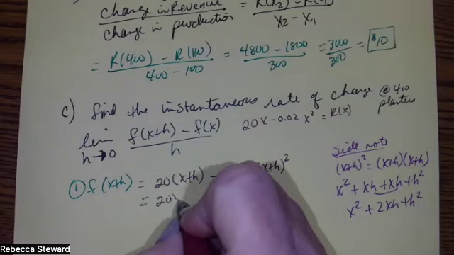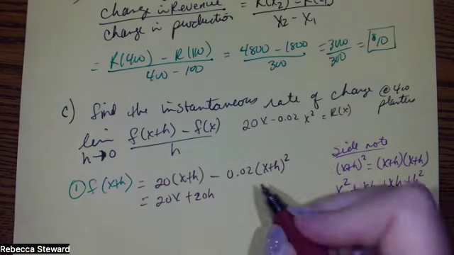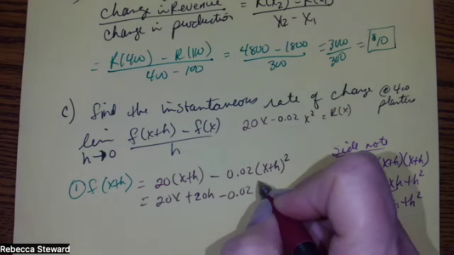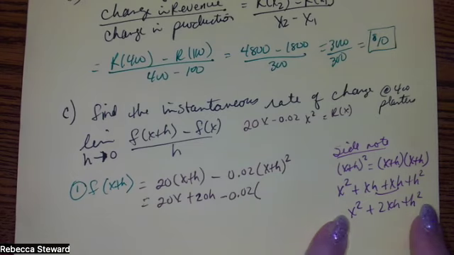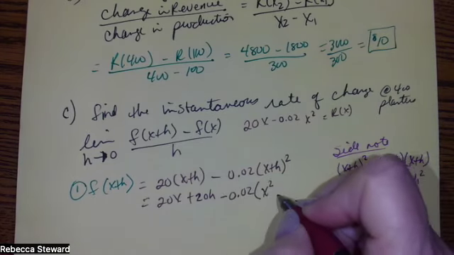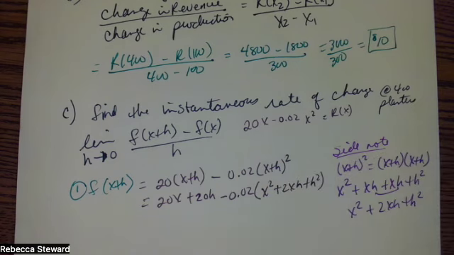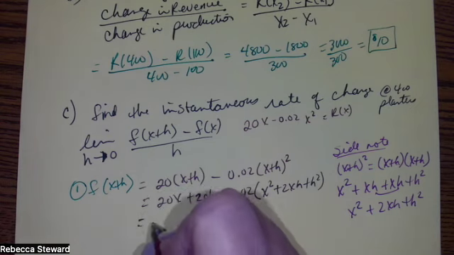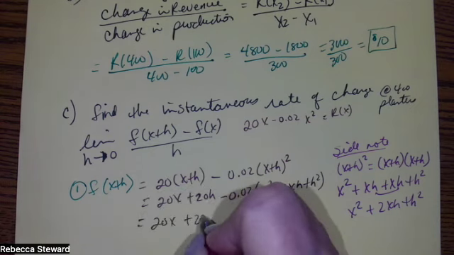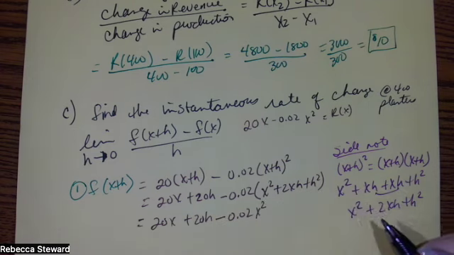All right, so we're going to distribute our 20. So that'll get us 20x plus 20h. And then this will be minus 0.02 times this part that we just found over here. So x squared plus 2xh plus h squared. So let's distribute that. So that'll get us 20x plus 20h minus 0.02 x squared.